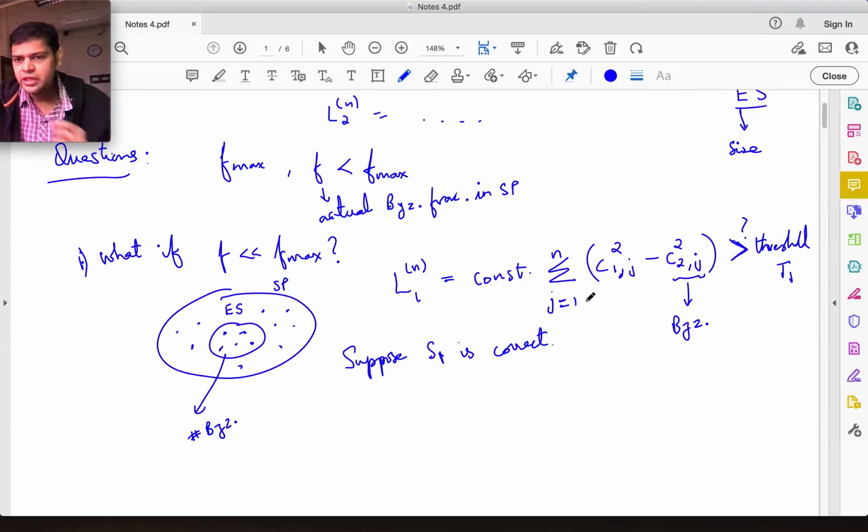We start out with j equal to 1 and calculate the likelihood, and if it is not greater than the threshold, we continue to the next round and so on. If f is small, the number of these votes is also going to be smaller. So if this quantity is smaller when f is smaller, that means this likelihood is going to cross the threshold faster.